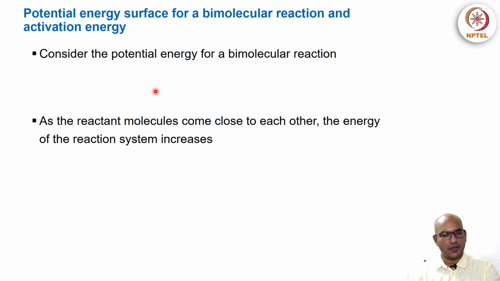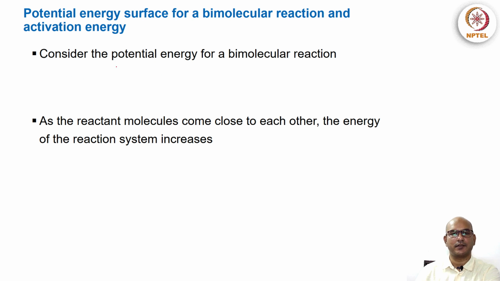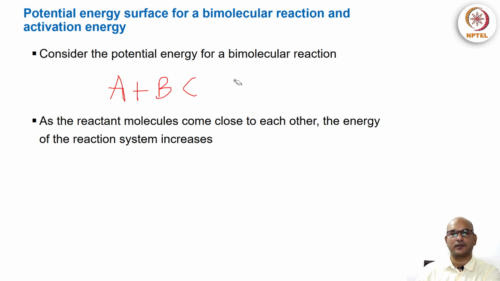The next is we have to look at activation energy. So we will look very briefly at the potential energy surface for a bimolecular reaction and the activation energy associated with it. So let us consider the potential energy for a bimolecular reaction, and this is our bimolecular reaction, A plus BC gives AB plus C, and it's a reversible reaction.